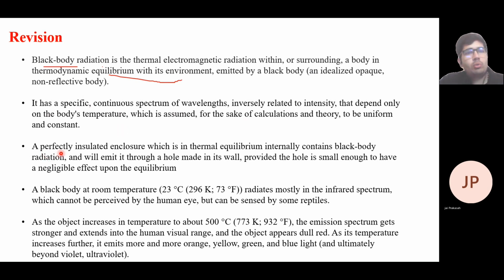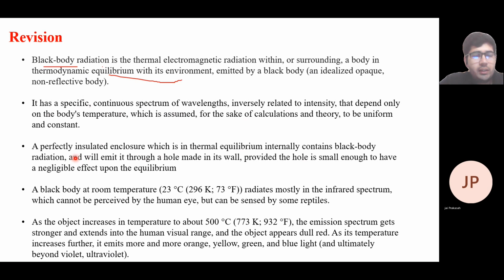A perfectly insulated enclosure which is in thermal equilibrium internally contains black body radiation and will emit it through a hole made in its wall, provided the hole is small enough to have a negligible effect upon the equilibrium. This method was given by Kirchhoff, who developed a black body in 1859. We will discuss that in the next slide.